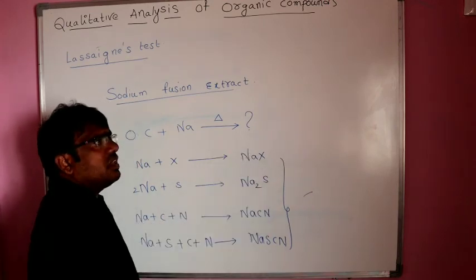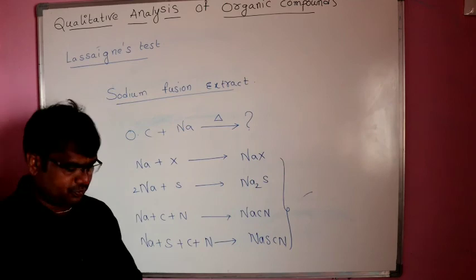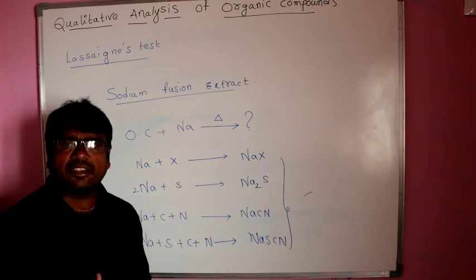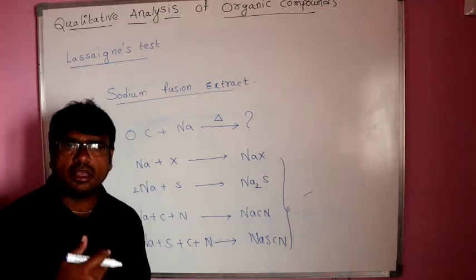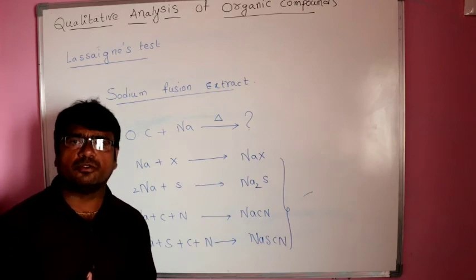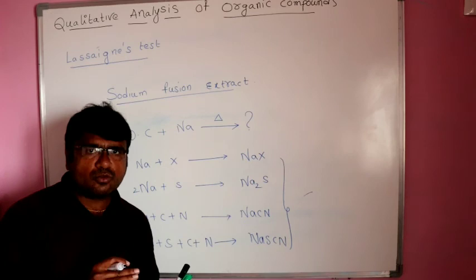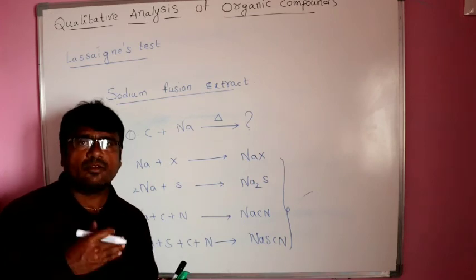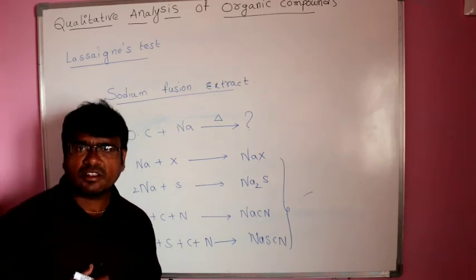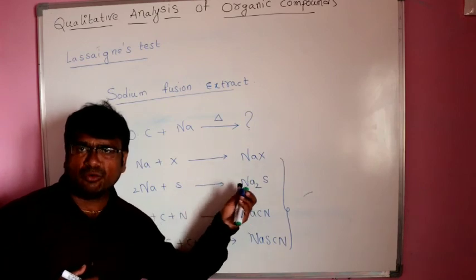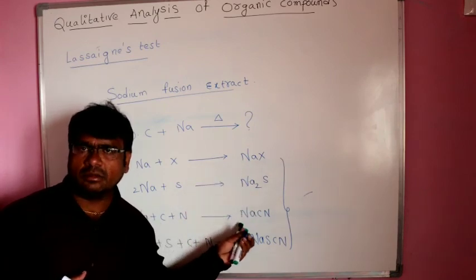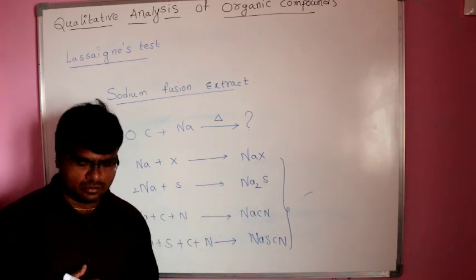If this material is boiled with water, we will get the extract that is called sodium fusion extract. Okay, so with the help of sodium fusion extract, we are going to detect the presence of nitrogen, sulfur, and halogens.